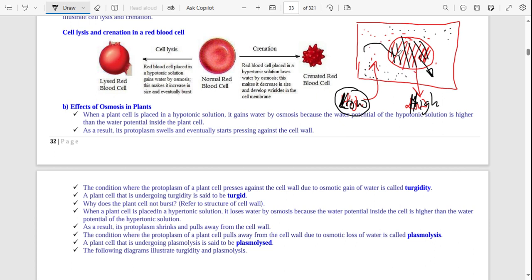So water will start moving into the cell and the cell will start to become big. But because an animal cell doesn't have a cell wall which protects cells from bursting, the cell will be able to break, and that is known as cell lysis. And cell lysis happens when the solution is hypotonic. Why is it hypotonic? Because the concentration of the solution is small in reference to the concentration of the cell.